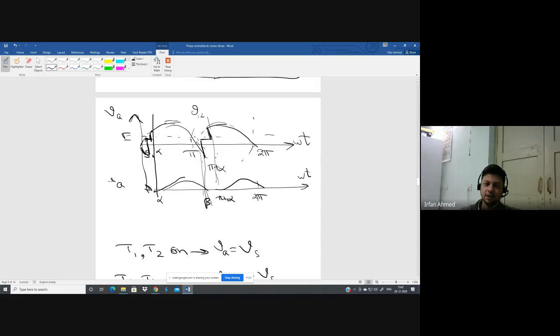Now, it will be the integral from alpha to beta of Vm sin omega t d omega t, plus the integral from beta to pi plus alpha of E d omega t. Everything divided by how much?